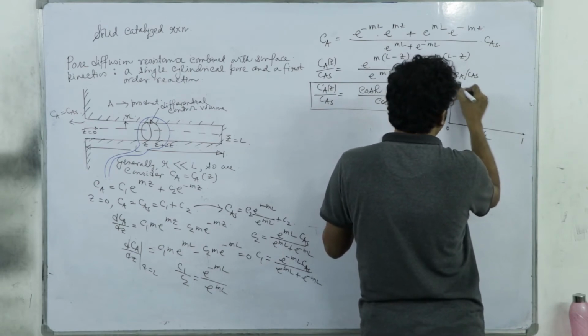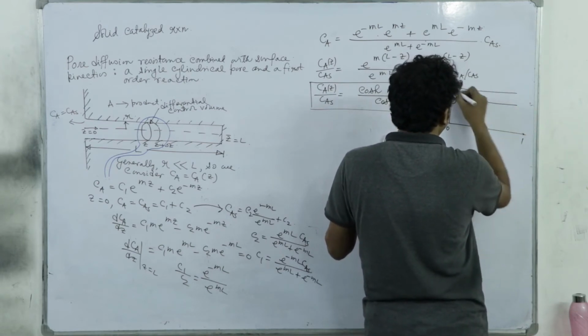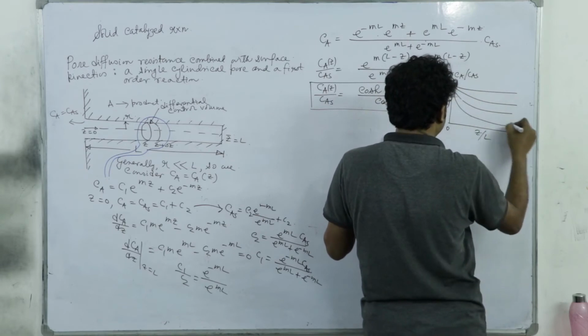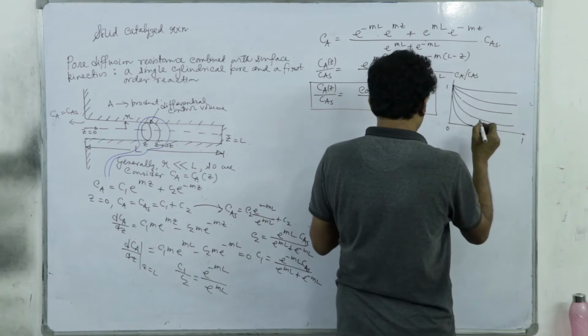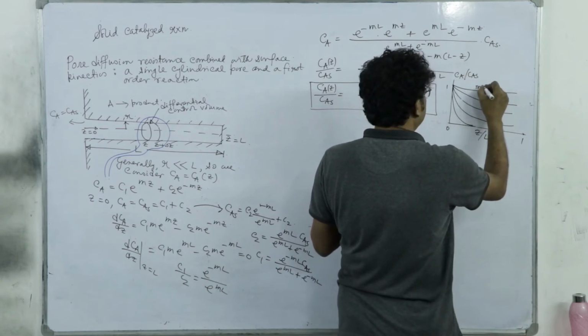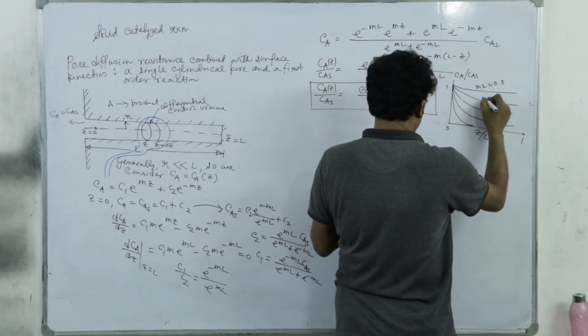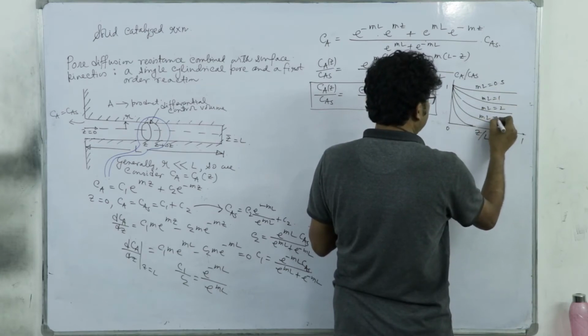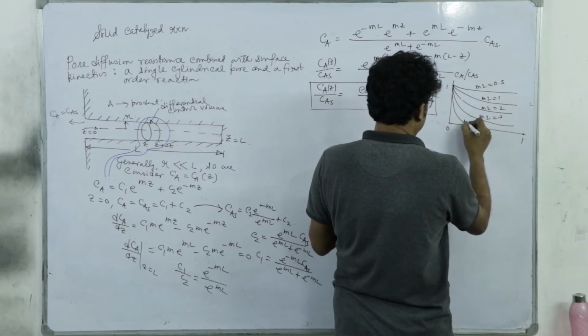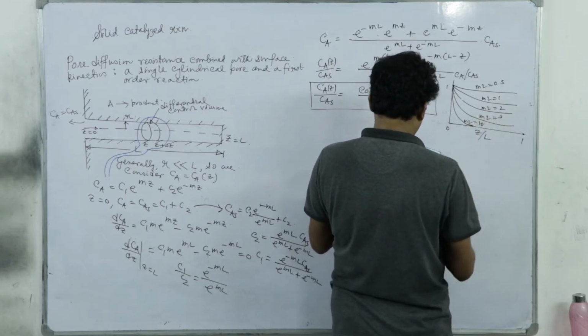So, the values will be like this, just like ml is 0.5, 1, 2, 3, and here ml is 10.